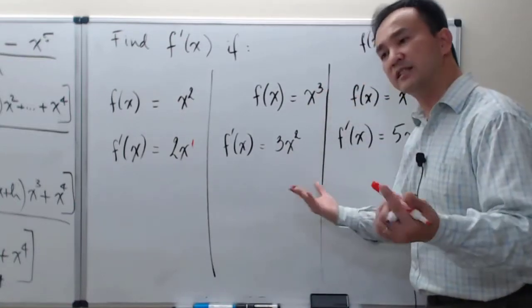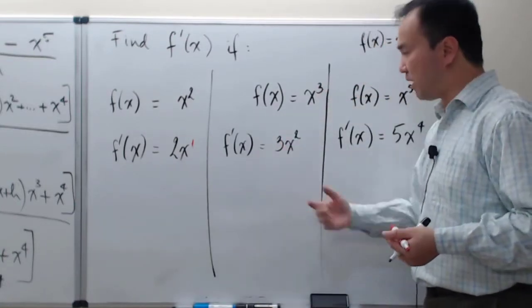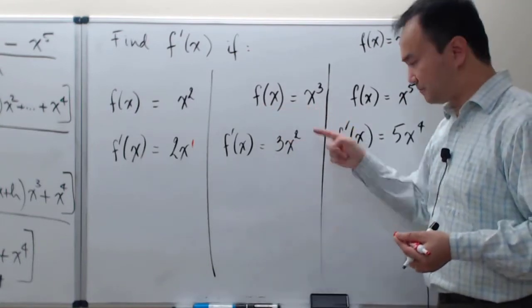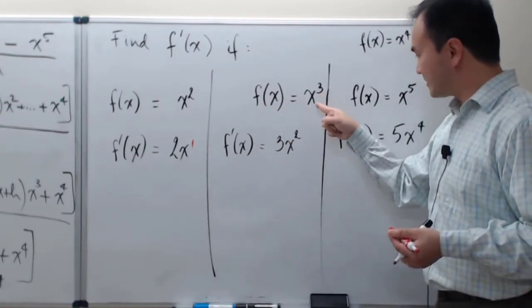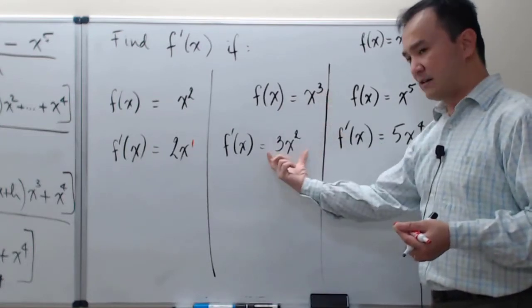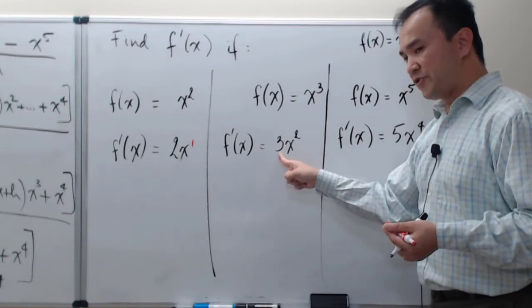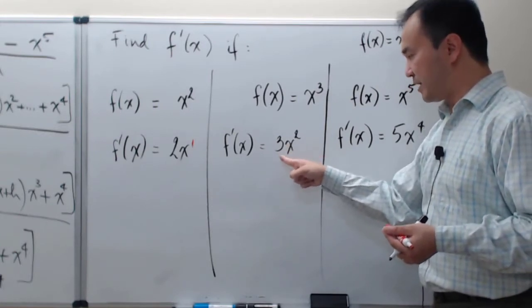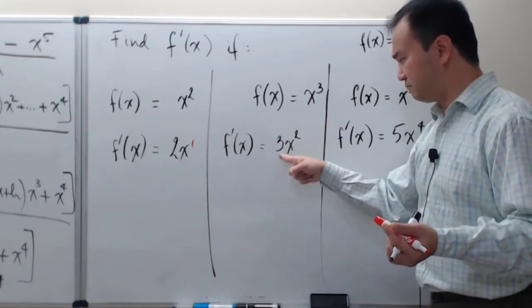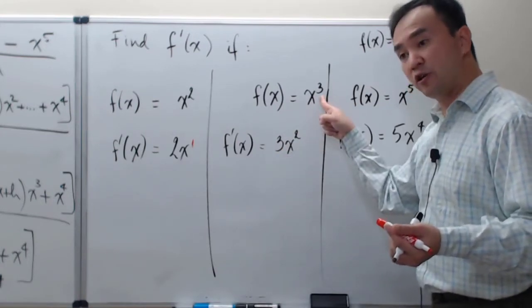Let's see if it's the same in this middle one. When the function f of x equals x cubed, it's a variable raised to the power 3. And now this is our derivative. The coefficient in front of our x squared is 3, the exact number of the original power.